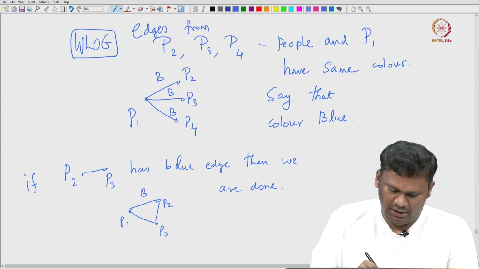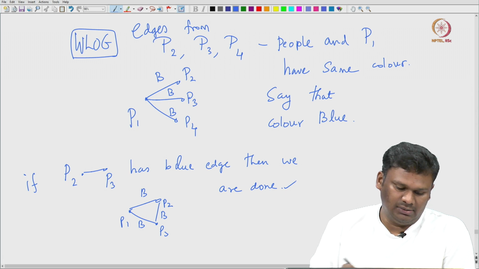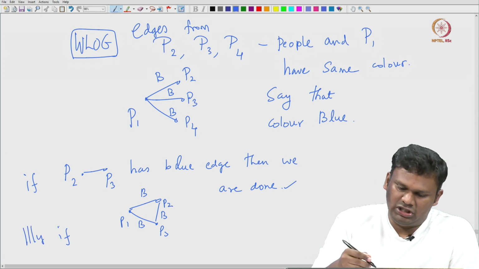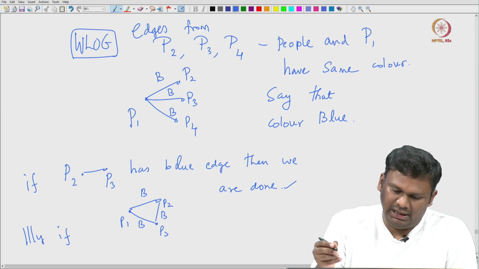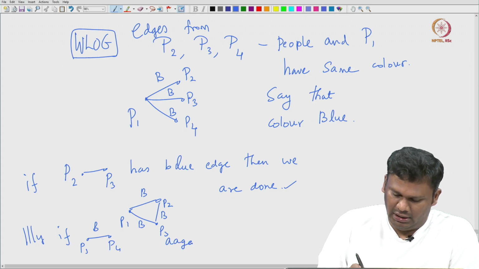So, this will make a triangle with blue edges. So, then we are done. Similarly, if we have an edge between P3 and P4 which is blue. So, if we have blue between P3 and P4, again we are done.